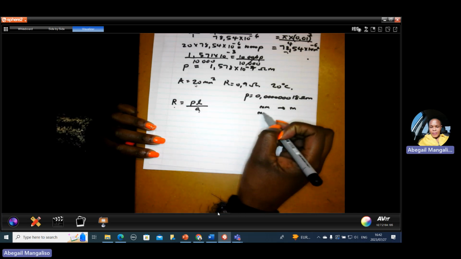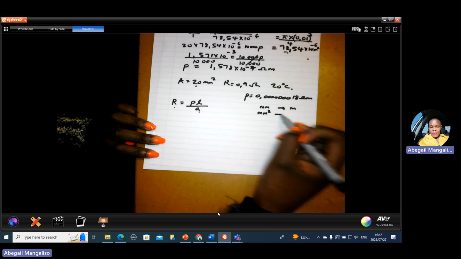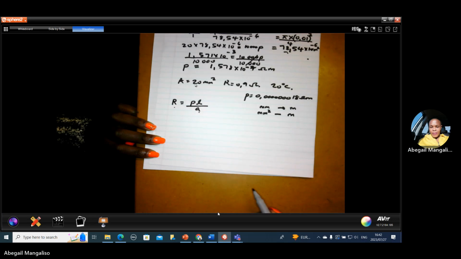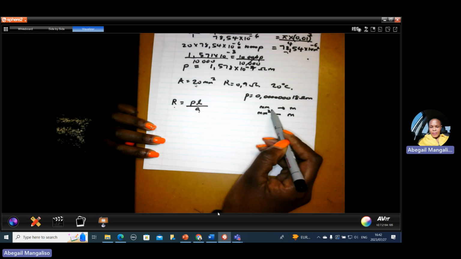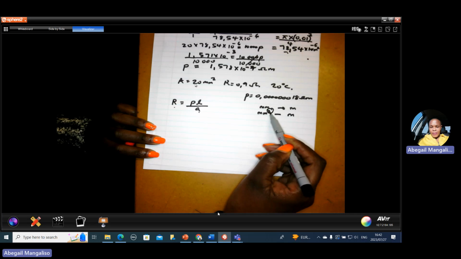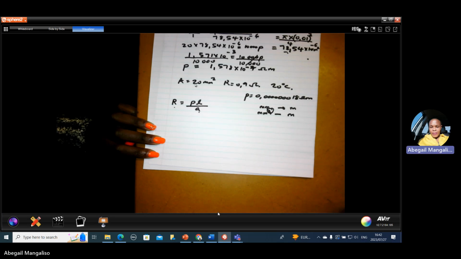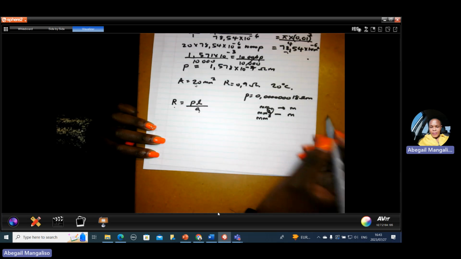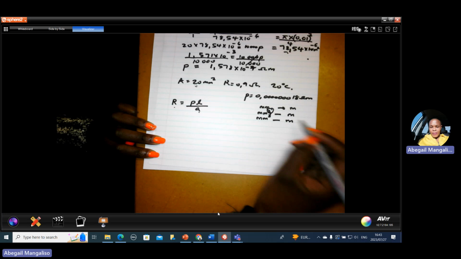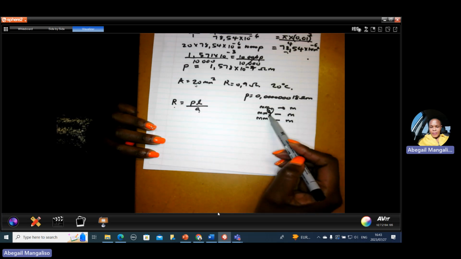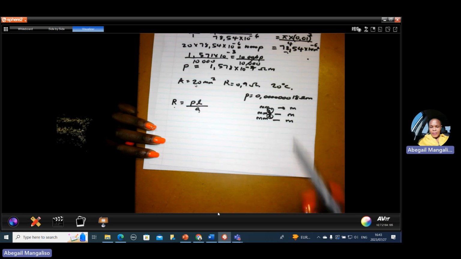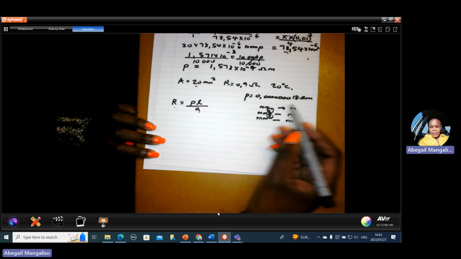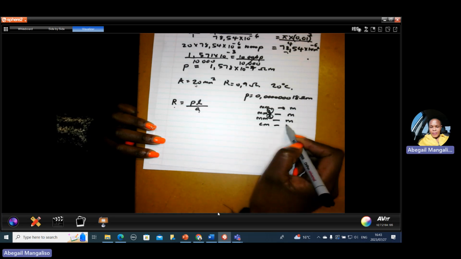When we change a millimeter squared to a meter squared, it will be 1,000 squared because there is power 2 there. Same as when you change cubic millimeter into meters. The relationship is 10 to the power 3, but you need to say 1,000 to the power of 3. Same applies centimeter to meters.